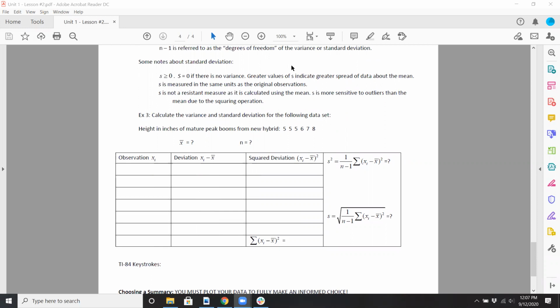So my mean is 6. And obviously I have 6 data points. So each observation, 5, 5, 5, 6, 7, 8.